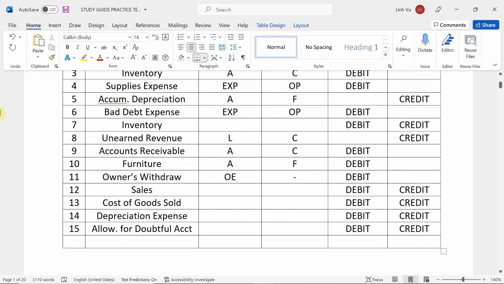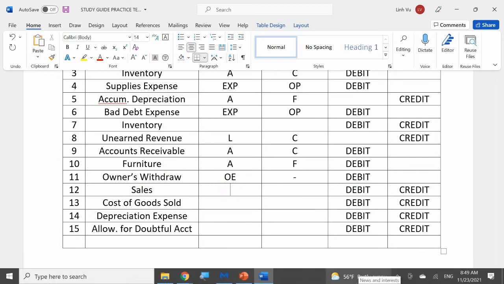What about sales? Income. Yes, 100%, right? That's how you generate it. Now, what kind of income? Sales, which is going to be your main operating type of income.